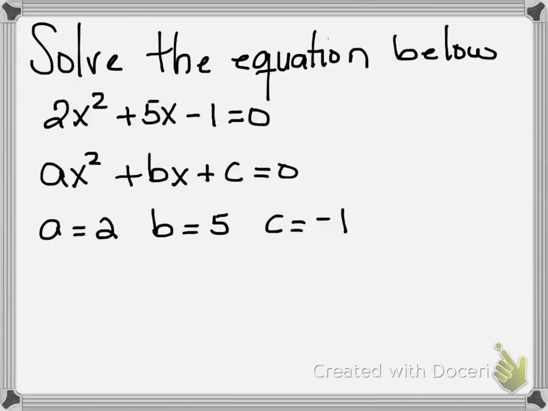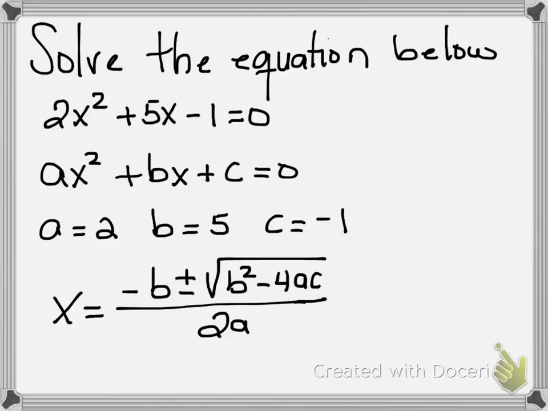As a result, we have the information we need to use the quadratic formula. What is the quadratic formula, you might ask? Now, the quadratic formula is x equals negative b plus or minus the square root of the expression b squared minus 4ac, everything over 2a.